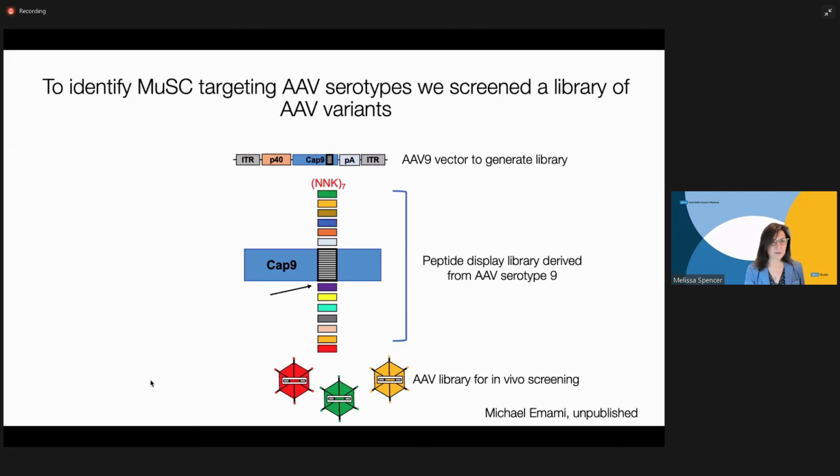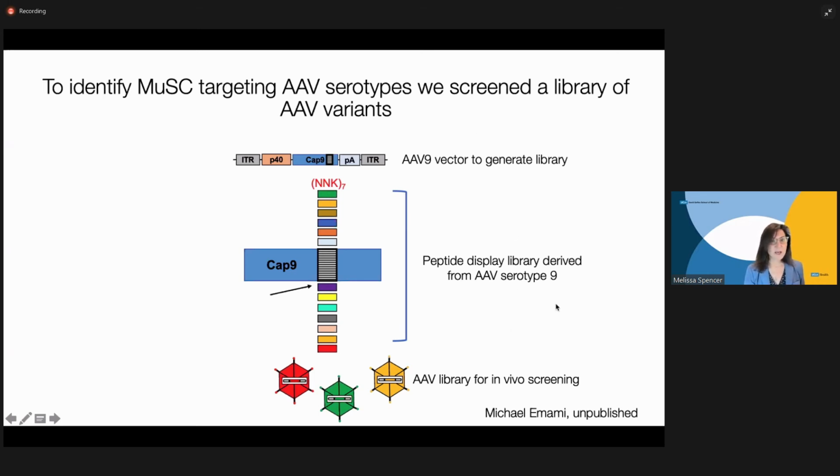And so that's what Michael's doing. He created a peptide display library where he switched out within this capsid a 7 amino acid sequence random. So he generated this library. And it is the capsid that determines the serotype, and it determines the tissue specificity, because these all bind to some receptor, usually a sugar on a receptor like the EGF receptor, for example.